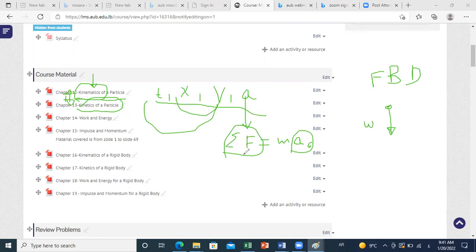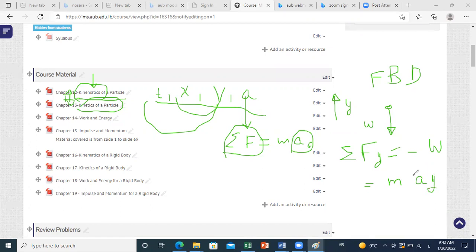Now, if you write Newton's law on it, what do you get? If I consider my y-axis upward, then the sum of forces along y is equal to minus W, and this is equal to the mass of my particle times its acceleration in y.